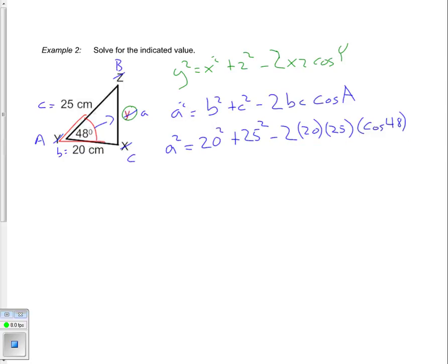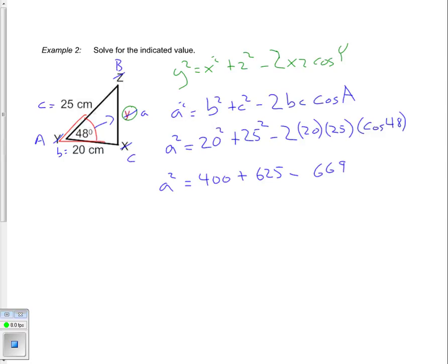Now let's go through and simplify this. We've got a squared is equal to 400 plus 625 minus, and if I do 2 times 20 times 25 times cos 48 degrees, it's going to give me approximately 669.